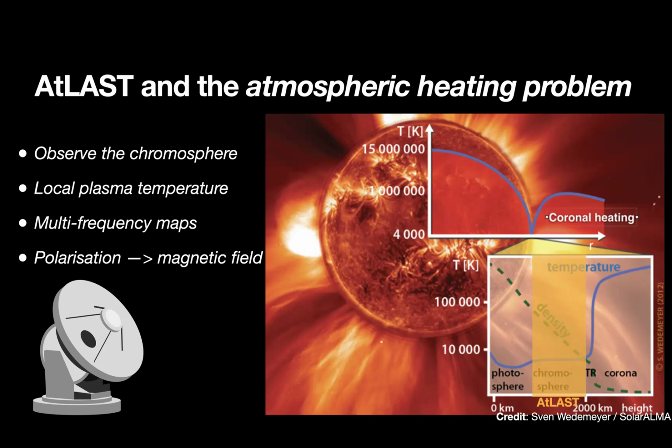And then if you have a true multi-frequency instrument at last, which could produce simultaneous multi-frequency maps, you would actually be able to map the thermal structure across the chromosphere. And depending then on how many frequency bands you would be able to observe simultaneously, get a very, very accurate 3-dimensional map of the thermal structure of the chromosphere.